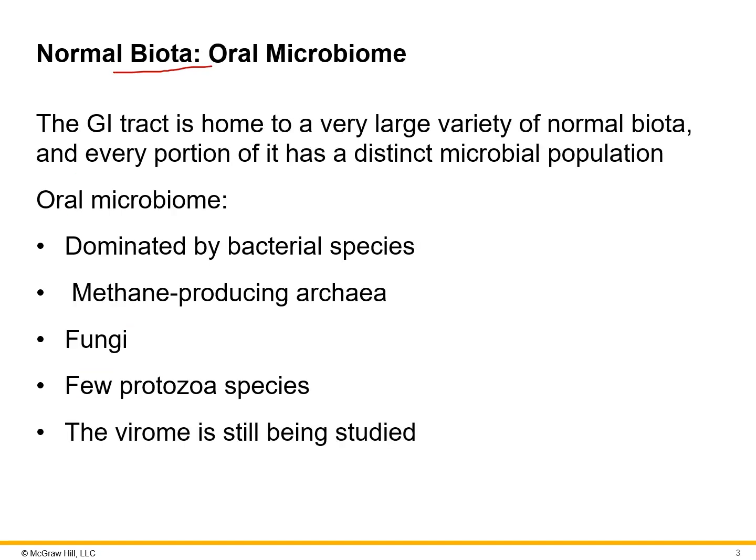Now the normal biota is huge. We have a large amount of normal biota, starting in the mouth, but also in the gut. Starting here with the mouth, so the oral normal biota.